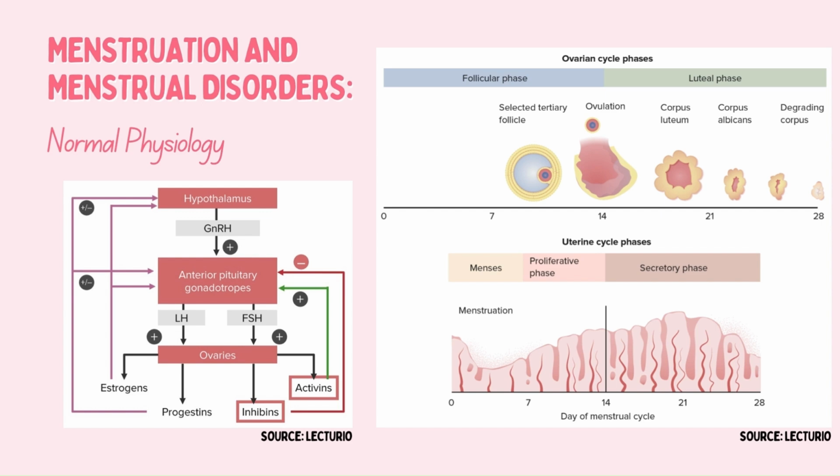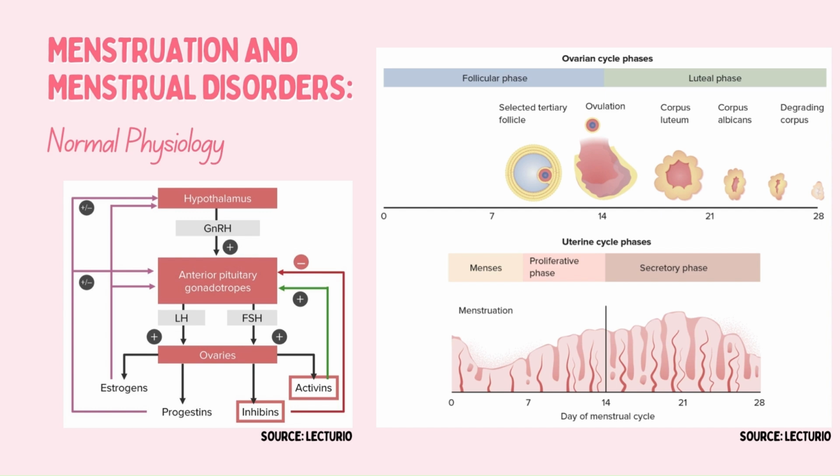So with pregnancy, the blastocyst causes the corpus luteum to keep secreting estrogen and progesterone, and this will prevent menstruation. If pregnancy does not occur, then the corpus luteum deteriorates and becomes the corpus albicans. This leads to a decrease in progesterone and estrogen because the corpus luteum is not making them anymore.